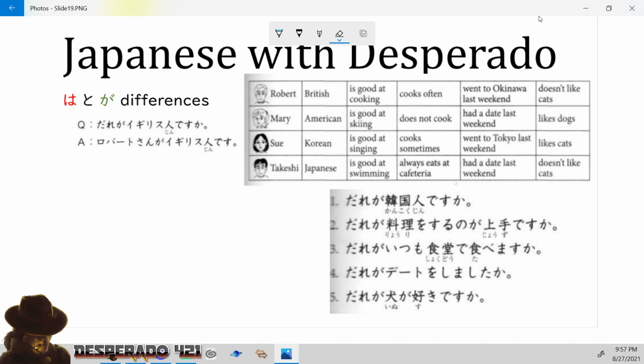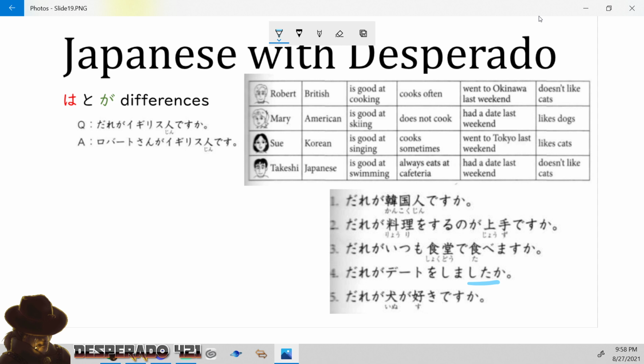Dare ga deito o shimasu ka? Dare ga deito o shimashita ka? The hint is shimashita. So it's past tense. So Mary-san wa or ga.